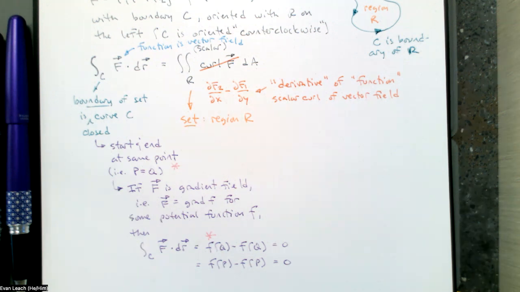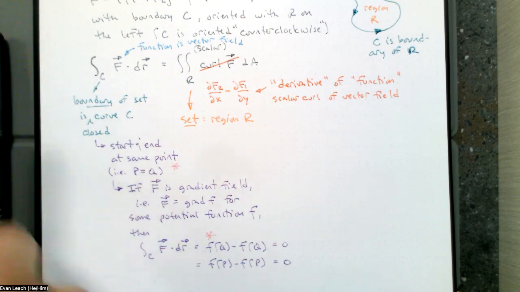On the other side, if F is a gradient field for some potential function, then the scalar curl will be equal to 0. So over on the other side, we'll be doing a double integral of 0.